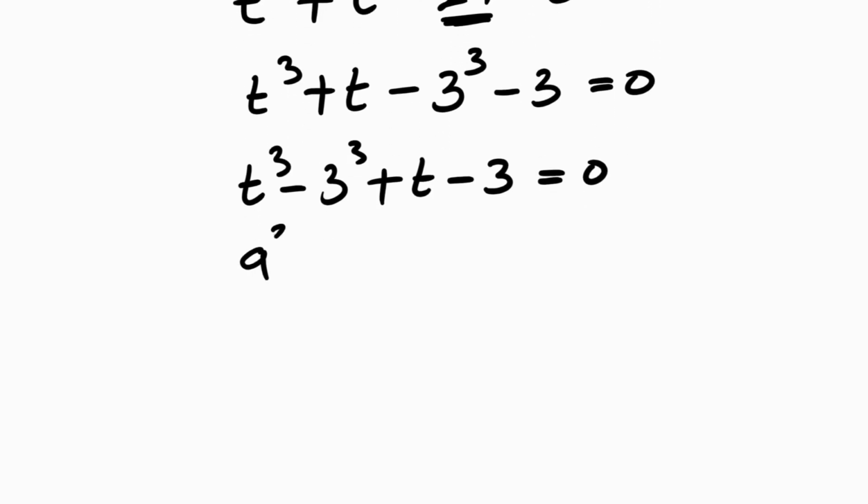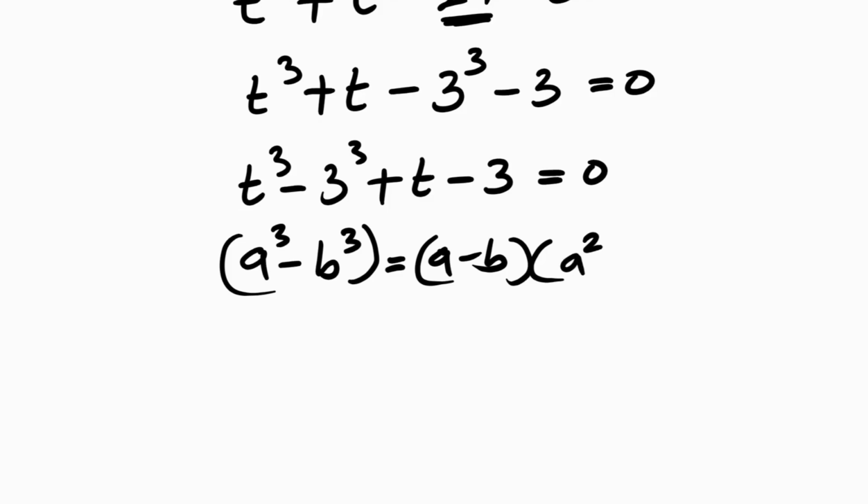Now we know that a raised to the power 3 minus b raised to the power 3, if we open that up, becomes a minus b into a squared plus ab plus b squared.